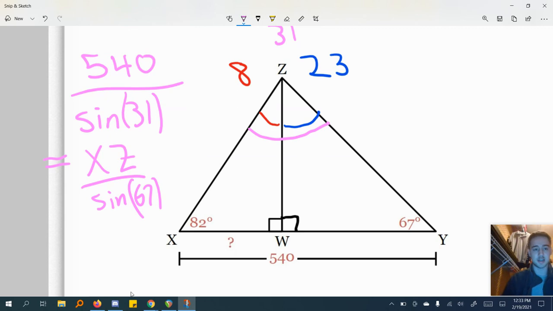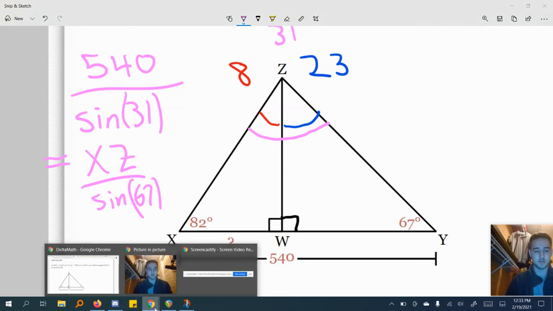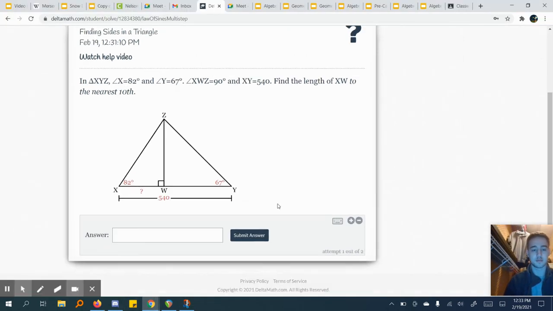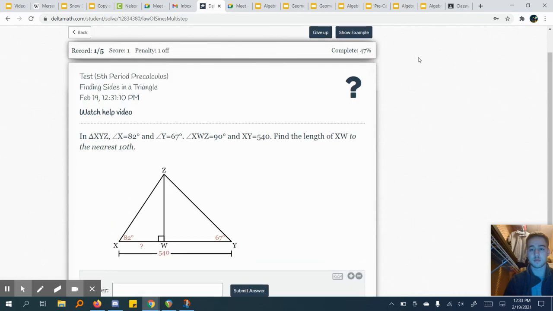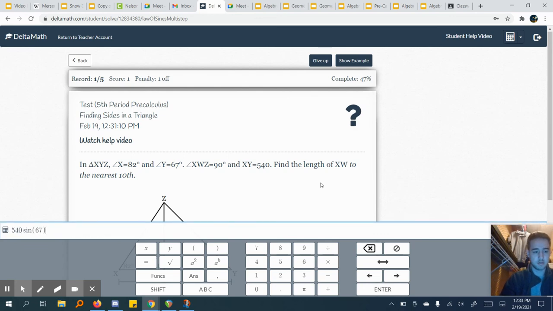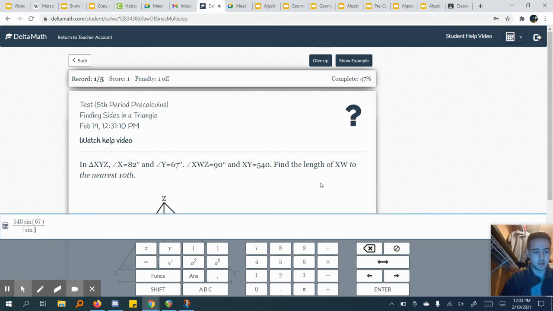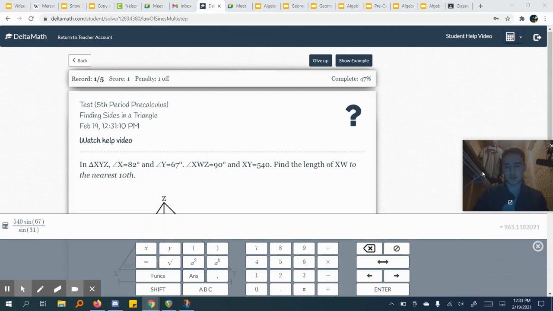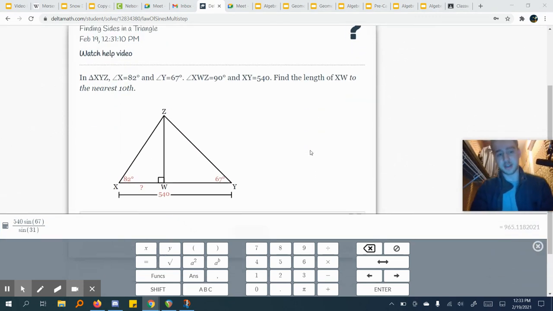So sine 67 times 540 over sine 31. And that answer gives us 965.11. Alrighty. And that's going to be our xz.